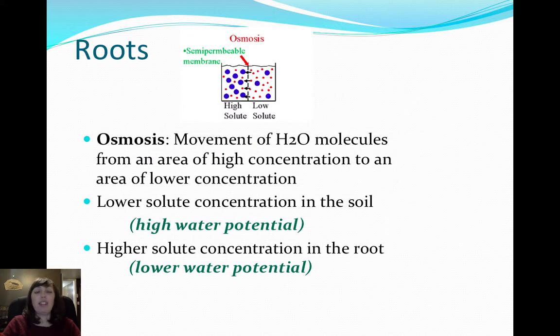And so remember, guys, when you're talking about this in your exam or when you're ever writing about this, this is the type of thing that you're mentioning. Lower solute concentration yields higher water potential. Higher solute concentration in the root yields lower water potential, which is why water is moving in the direction that it is, from the soil into the root.